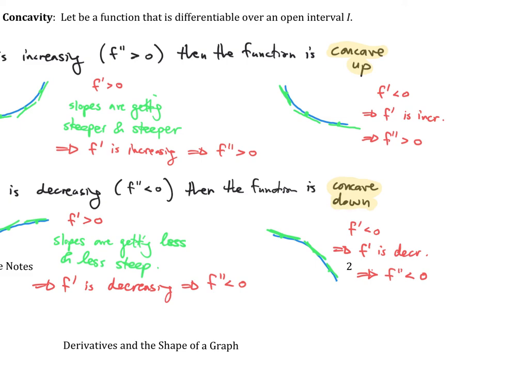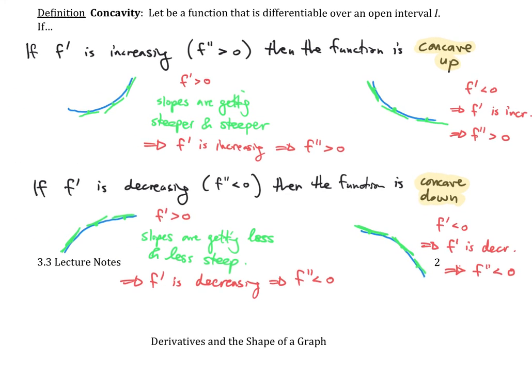Okay, so in each of these situations, I hope the picture helps you see that one situation is concave up, so these guys are cupping upwards. The other situation is concave down. These guys are concave downwards.